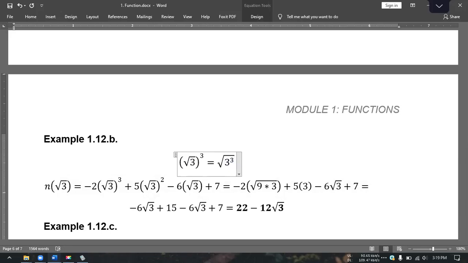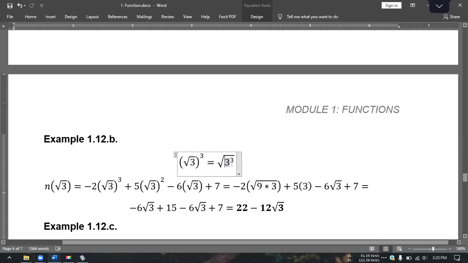Okay. Based dun sa radical sign natin, when we are cubing or squaring or raising a certain radical to a certain number, it means that we are to raise the radicand to that number. So pwede natin ipasok yung exponent dun kay mismong radicand natin. Okay?